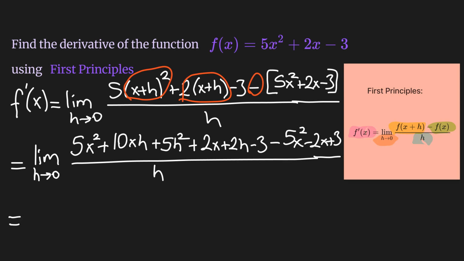Let's simplify a little bit. 5x squared and negative 5x squared cancel. 2x and negative 2x cancel, and 3 and negative 3 cancel as well. Let's rewrite the expression.